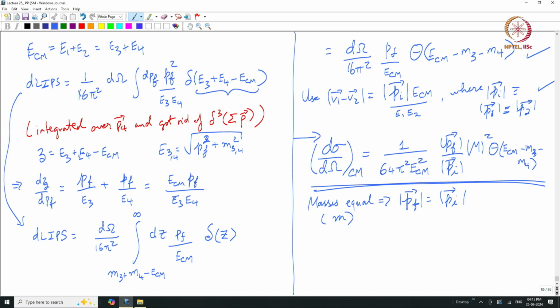Okay. So, that simplifies to the center of momentum cross section is now 1 over again 64 pi squared ECM squared just m squared. I can of course put the theta function, making sure that ECM is larger than 2m.